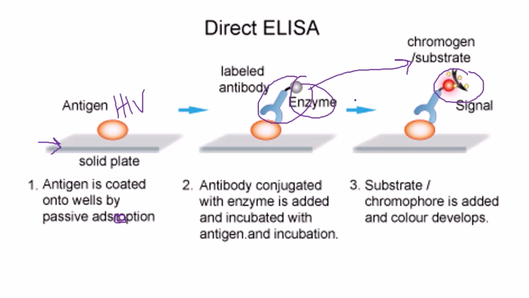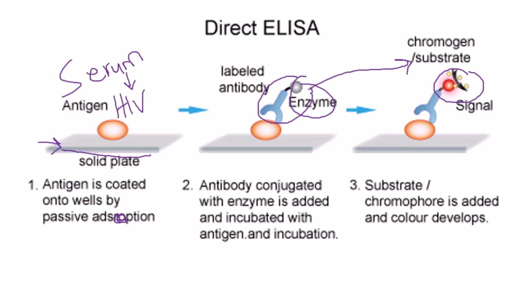Now, if we use this in the context of how you diagnose disease, then it would mean that from the patient we have collected, let's say, serum that we are proposing to contain HIV antigens, and that is the serum that we are going to incubate on our plate for several hours at 37 degrees to allow it to bind, or to coat onto the wells.